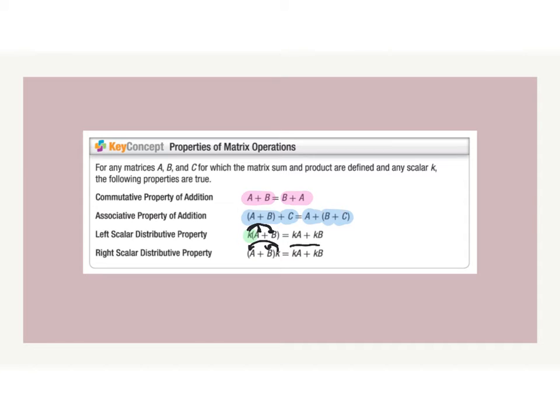Or we could add our two matrices together, so we could add a plus b first and then multiply. So we can distribute, or add the parentheses first, then multiply.